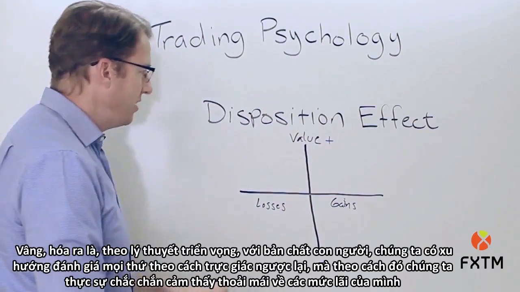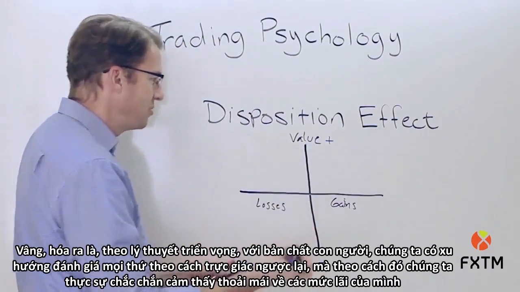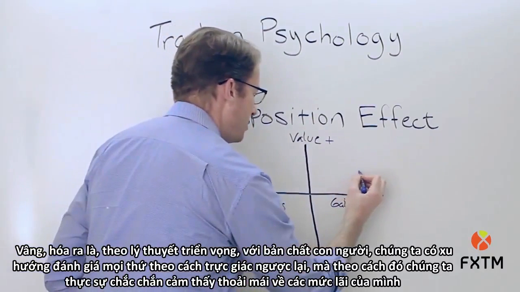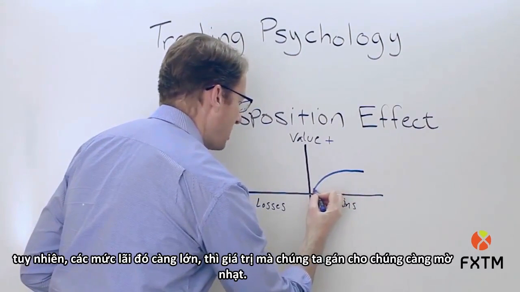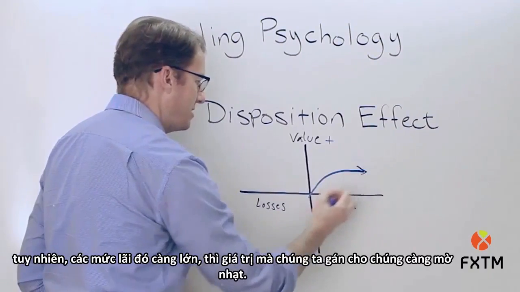Well, as it turns out, according to prospect theory, basically humans tend to value things in a counterintuitive way, where yes, we do certainly feel good about our gains, and the greater those gains are, however, the value that we attach to them kind of flattens out.